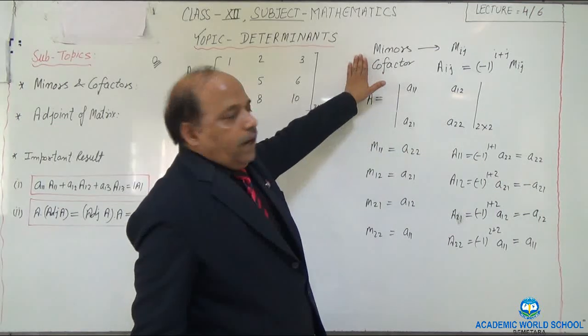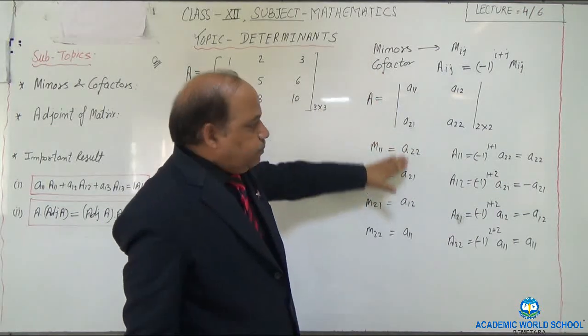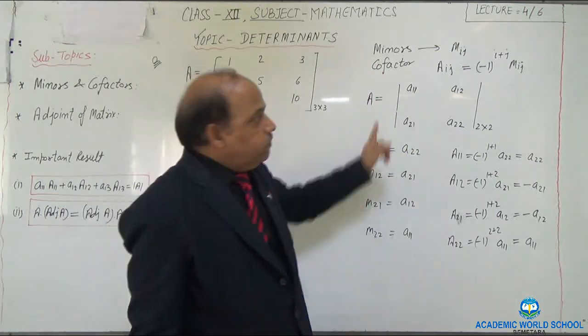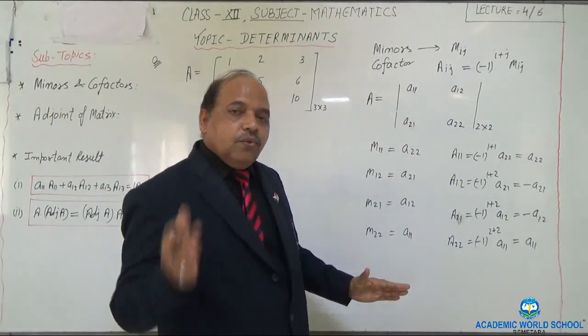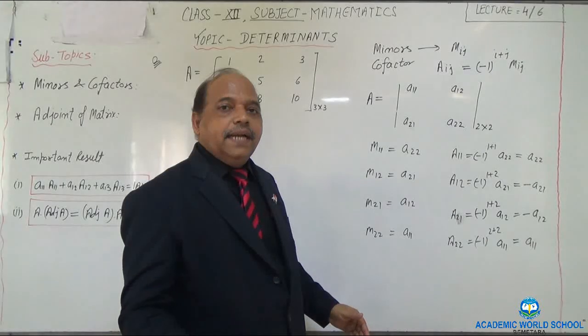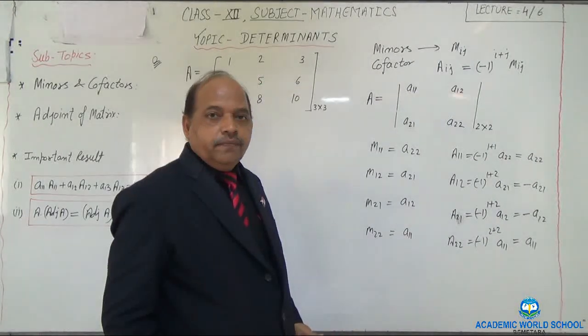Fine. How to find out minors? I explained to you. Leave the row, leave the column. After that, whatever determinant is left, find the value of it. That stands for the minor of that element.